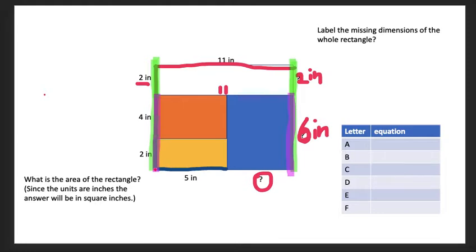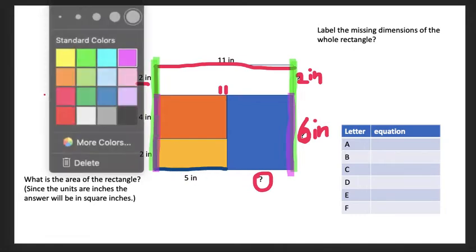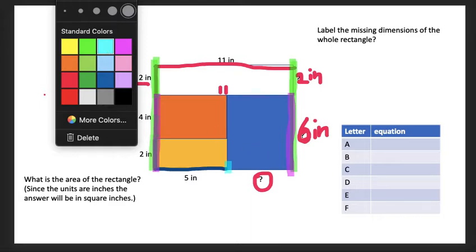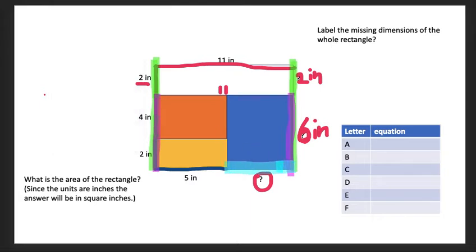We know that this side of the yellow rectangle is 5 inches, but let me switch the color. What about this side of the blue? Pause the video, look at what information is on a rectangle, and resume once you've given it your best try. How many inches should that be?